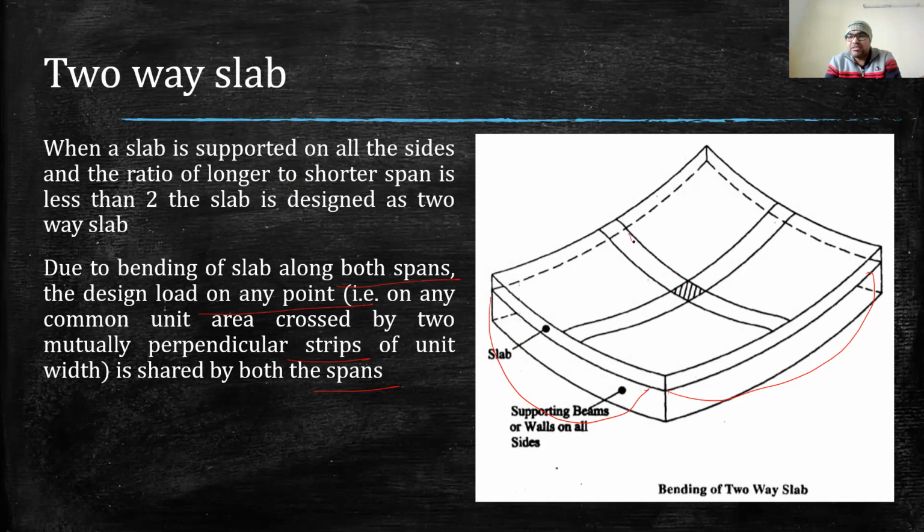As you can see, this is the unit strip considered for the shorter span, say, and this is the unit strip considered for the longer span. But you can see both of the strips are meeting at this point. So what does it mean? It means that the load on this square will be shared along the longer span and along the shorter span at the same time. That is the point it is trying to convey.